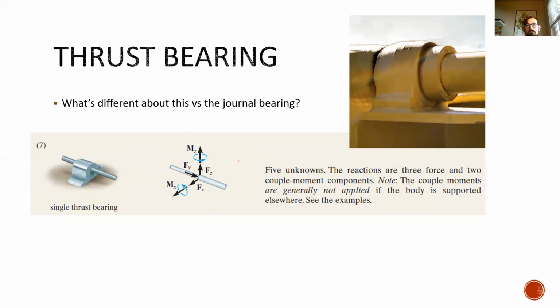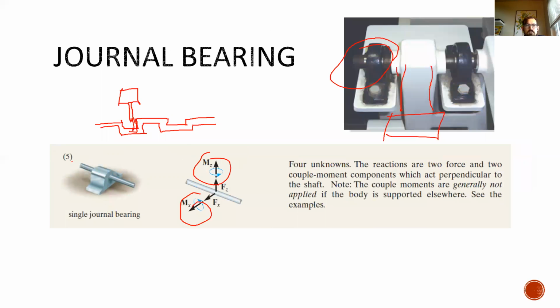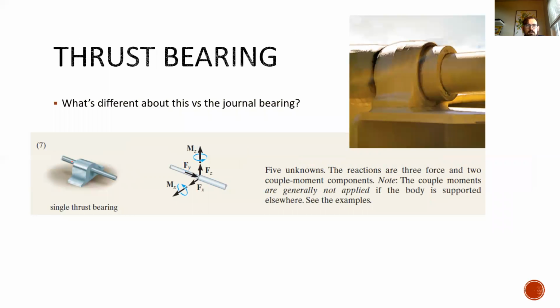And our final bearing looks a lot similar to our journal bearing. If you look at this, this looks almost exactly the same. If I look at the pictures of the two, a journal bearing versus a thrust bearing, they actually look almost exactly the same.